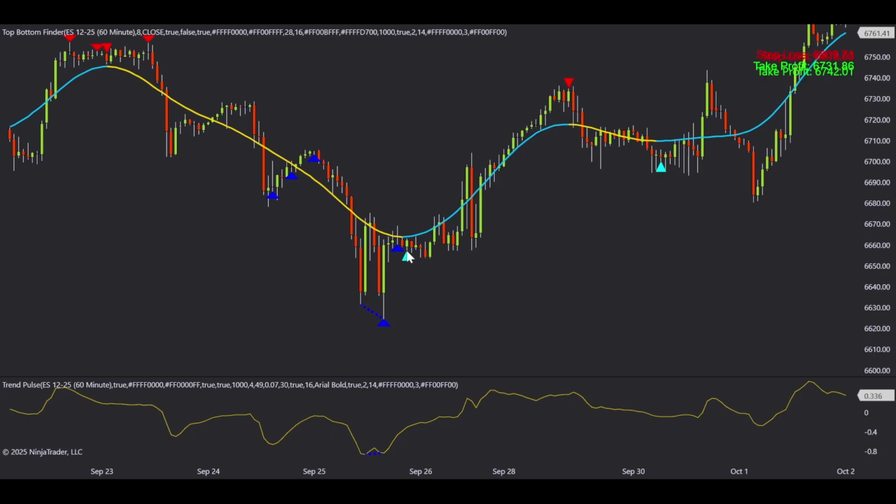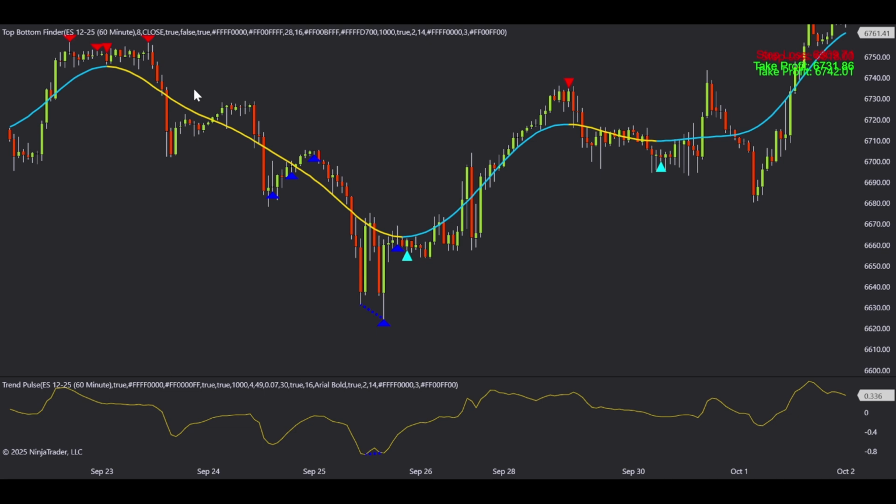And of course, getting in here, we've taken out this high with this candle here, and we've taken out these highs right here, and then a perfect exit point waiting for the top bottom finder to give us that alert as the line changes from blue to yellow. And so perfect, not even needing to be super precise.